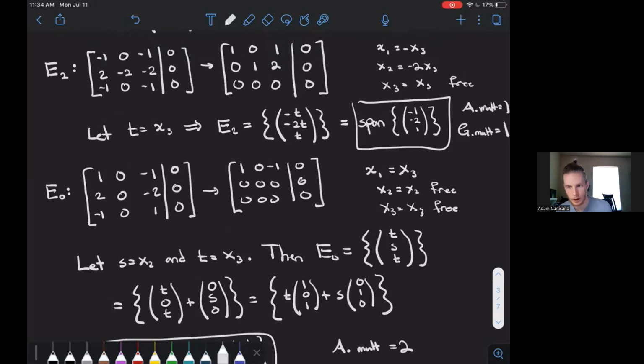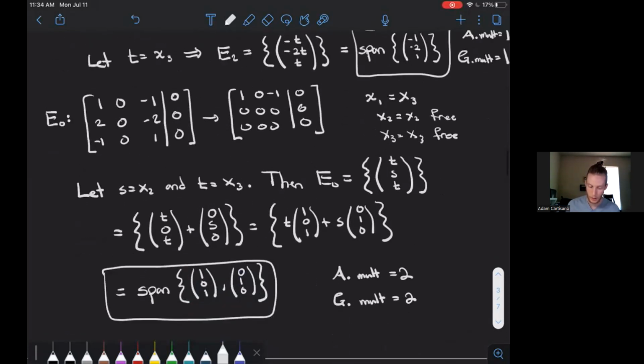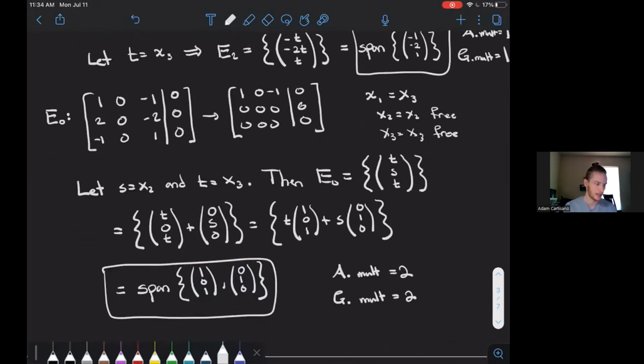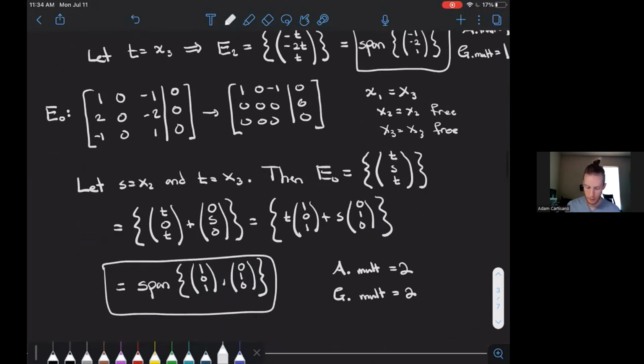Because the E2 eigenspace was just a line, whereas the E0 eigenspace was an entire plane. Great. Okay, so this is a gnarly computation. Sometimes there are ways to speed it up, so let's talk about those real quick.